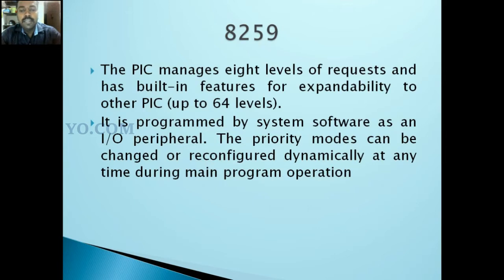So 8 different devices are connected, and according to our requirement we can give a priority to these 8 different devices. According to the priority, the 8259 services the interrupt. So the priority is configured by the user. Okay, right, that is the important thing.